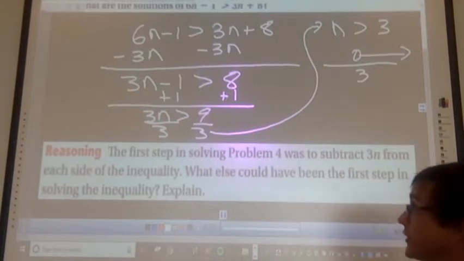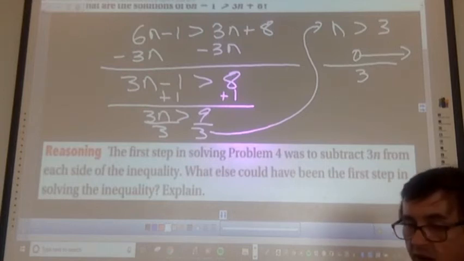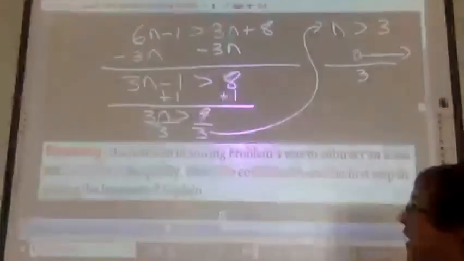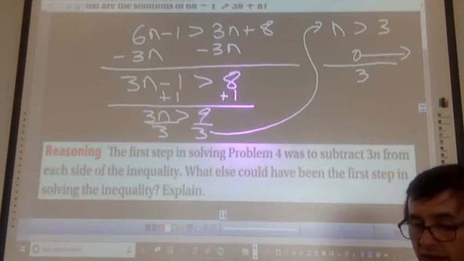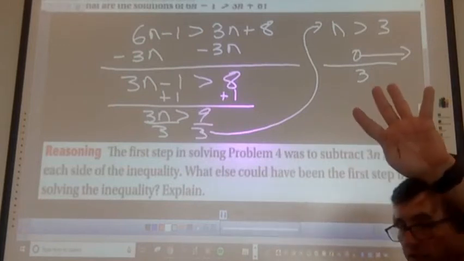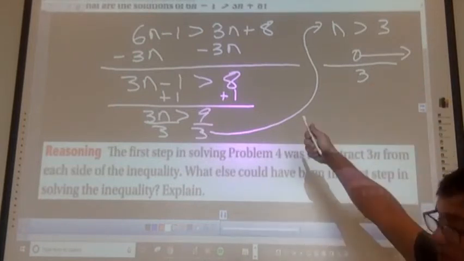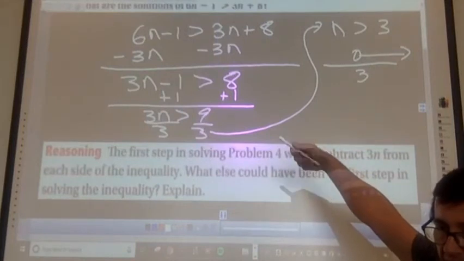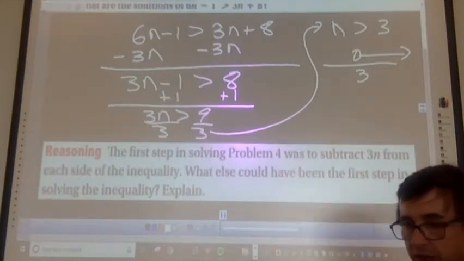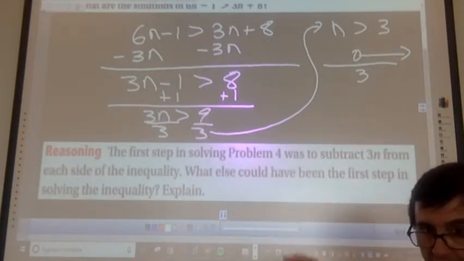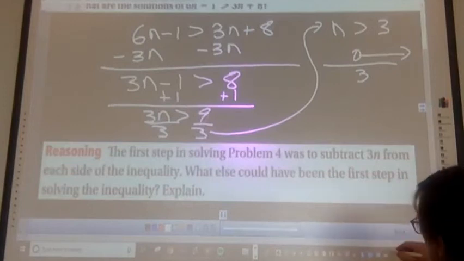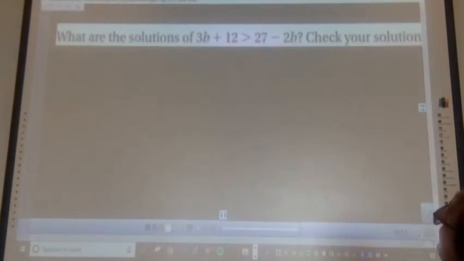So we could have added 1 or subtracted 3n. Subtracted 8. Subtracted 8, or last one? Subtract 6n, right? So we have 4 potential first steps here. I just think the problem's easier if you get rid of the smallest variable first. That's why I do it that way. If you want to do it a different way, doesn't matter. That works.